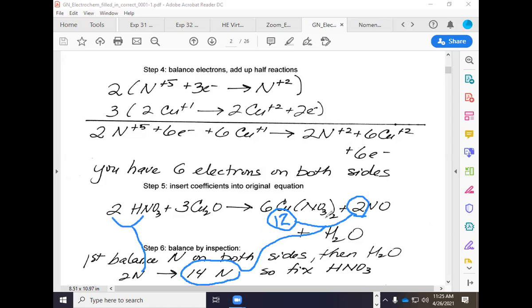Okay, did you follow that? Could you do it one more time? Yes, I could. Okay, so if we go back to what we have right here, we see that we have 2 nitrogens here. That's all we have on this whole side.